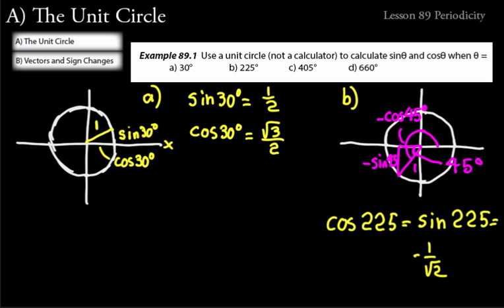Now something to consider here is that normally in standard form, you don't have a radical sign, a square root sign, in the denominator. So we can multiply above and below by the square root of 2. And we don't change anything because that's just multiplying by 1, right? It just changes the way it looks. So we end up with minus the square root of 2 over square root of 2 times square root of 2 is 2.